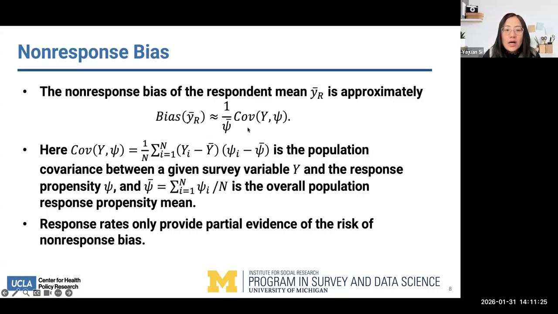So response rates are only part of the picture for the non-response bias. It only provides partial evidence of the risk of the non-response bias.